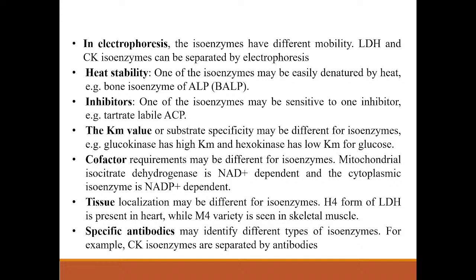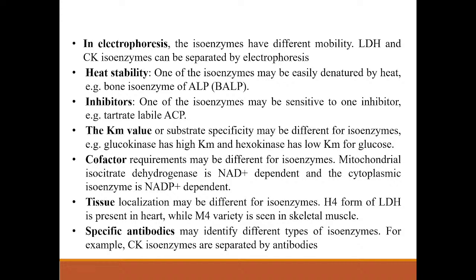LDH, lactate dehydrogenase. That is its function in anaerobic respiration. But I want to know how many types of isoenzymes there are, what the different forms of LDH are, that is important for me. Yes, that you should know. Slowly we will come to that.